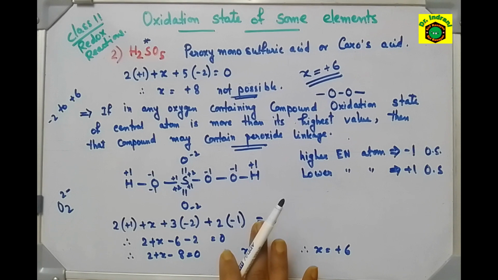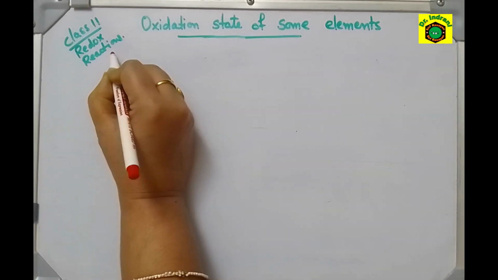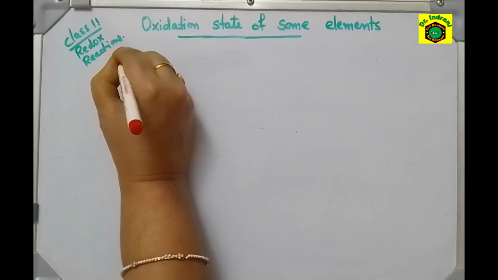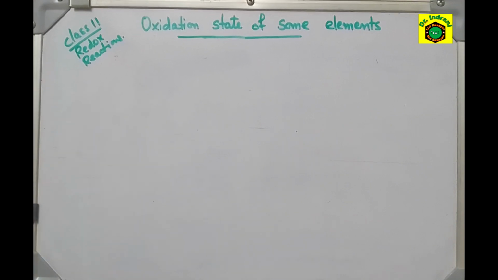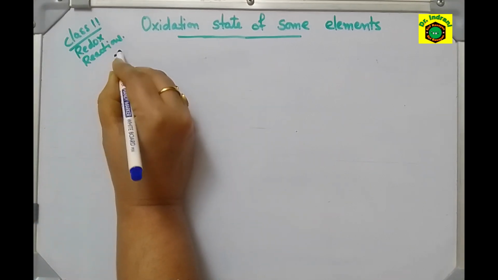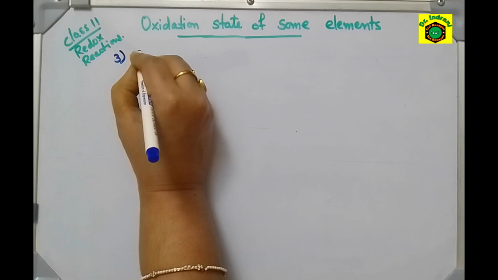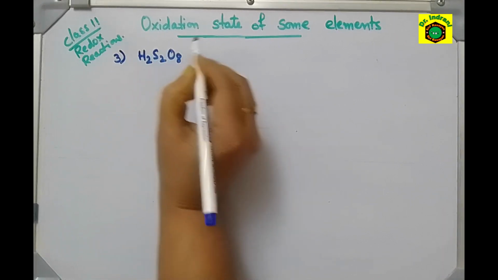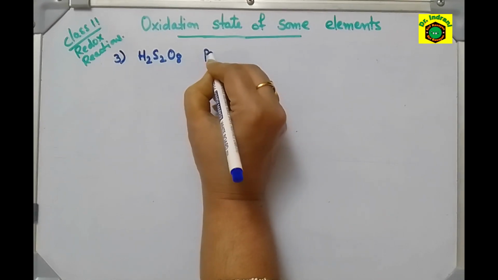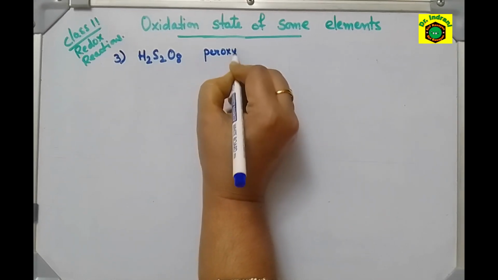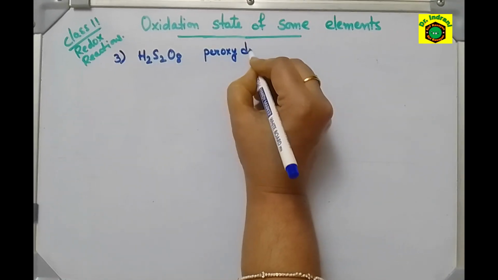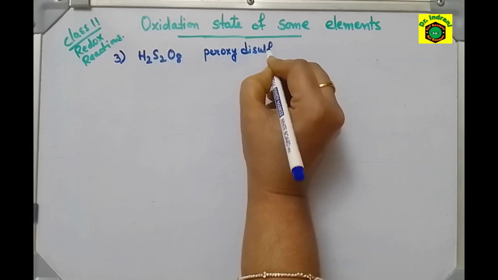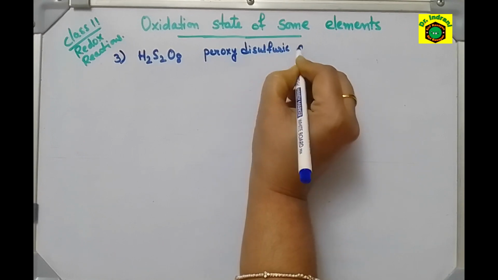Another example also we will do. Next one is H2S2O8. Its name is disulfuric acid.